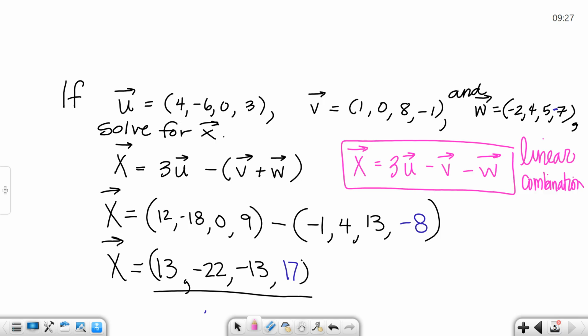A linear combination means that you are able to write one vector as a linear combination of the others, which means pluses and minuses and scalars. It's also going to go back to questions of, is this a spanning set? And is this linearly independent? So if you can write something as a linear combination, it's called a spanning set.